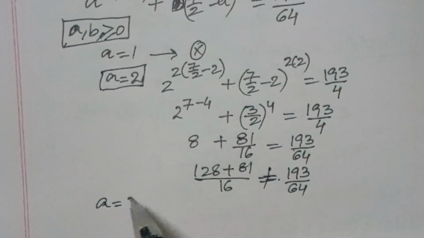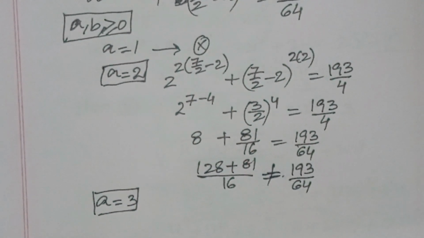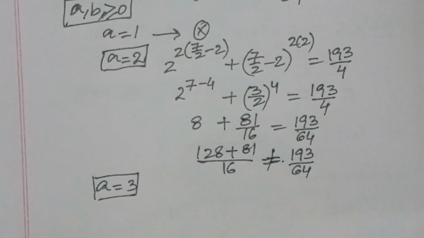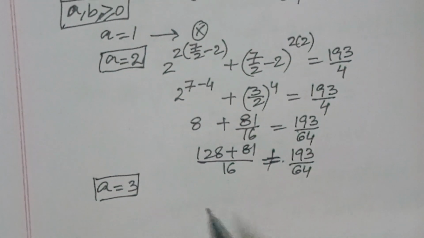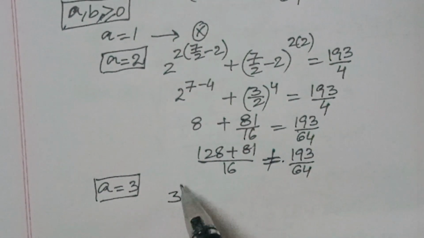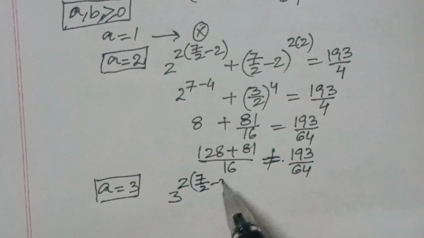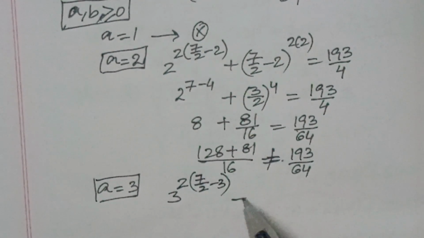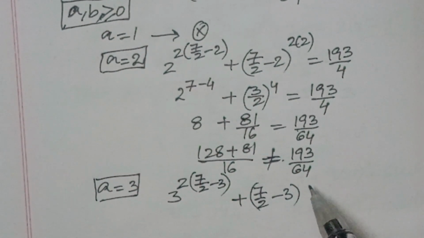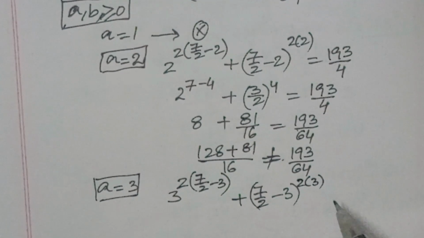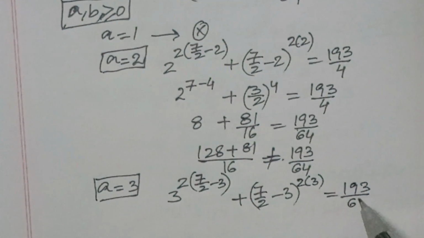If we take a is equal to 3. By trial and error I am doing a equal to 1, a equal to 2, and now a equal to 3. If a equal to 3, 3 to the power of 2 into 7 by 2 minus 3, plus 7 by 2 minus 3 to the power of 2 into 3, should be equal to 193 by 64.